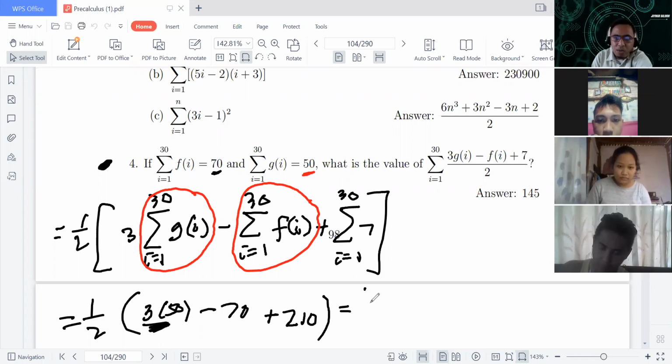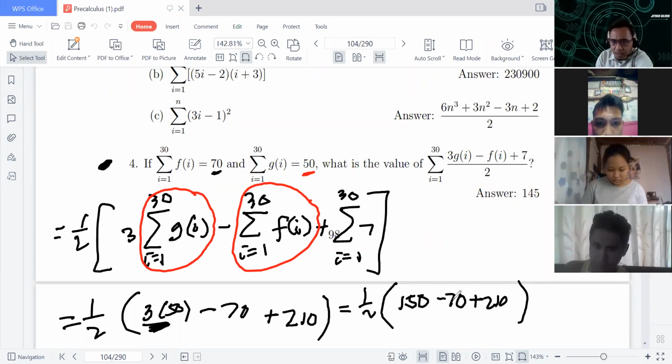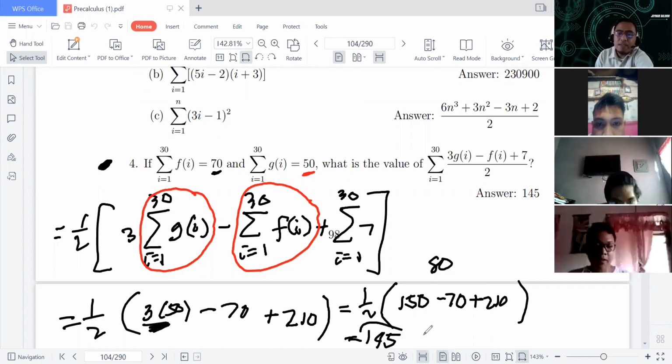It is just equal to 1/2 times 150 minus 70 plus 210. That becomes 80 plus 210, which is 290. 290 divided by 2 is 145. Yes, and we got it correctly.